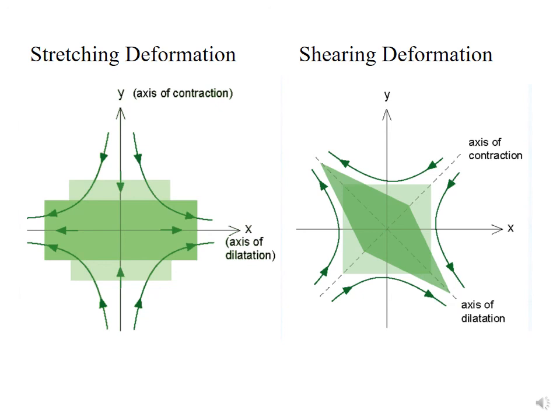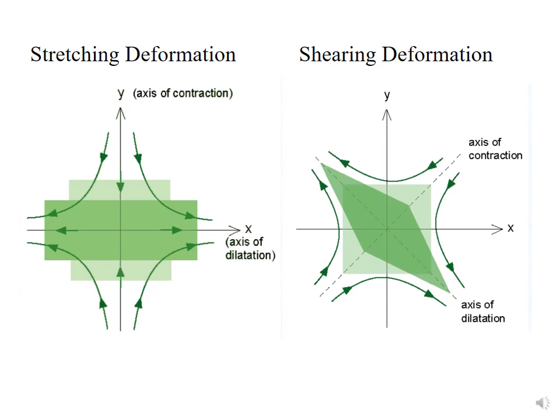And it is once again bringing air parcels closer together in this axis that is the axis of contraction, and then it is expanding or stretching essentially through the shearing process along the axis of dilation.